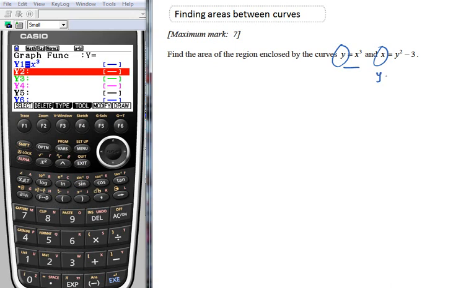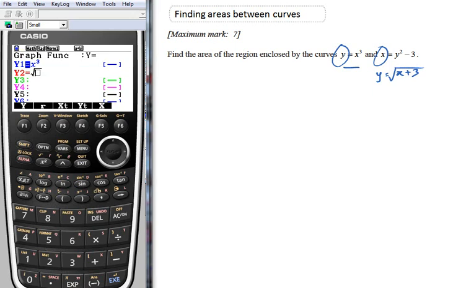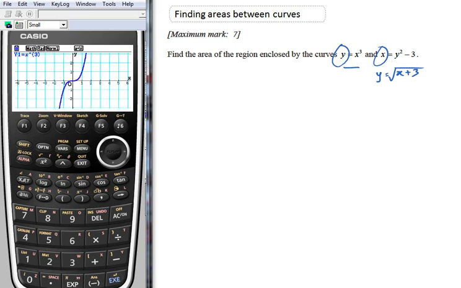It's going to have to be y equals x plus 3, and that's going to have to be square rooted. So we plot the same function here, plus 3, and then we ask it to draw it, F6, and we see our first problem.